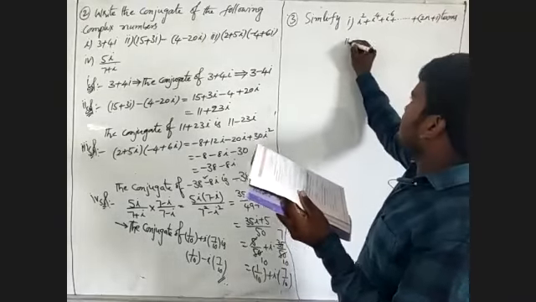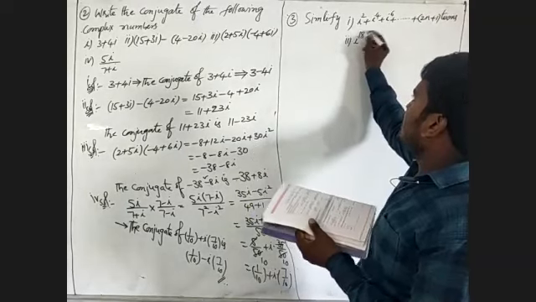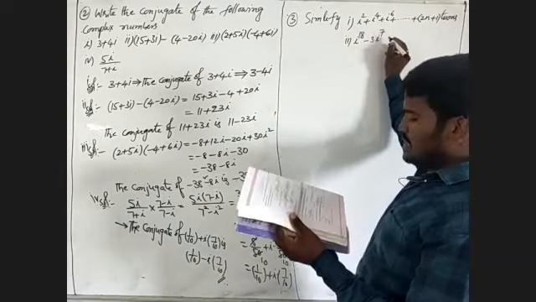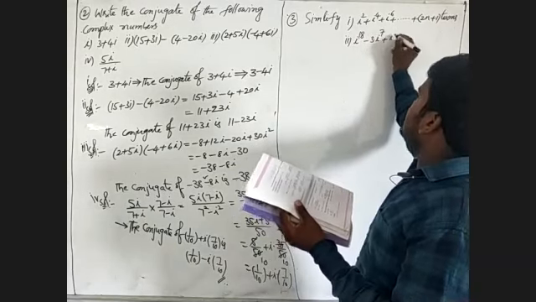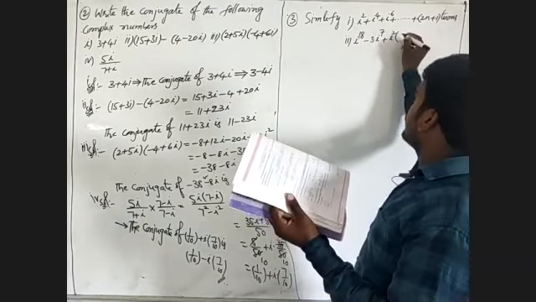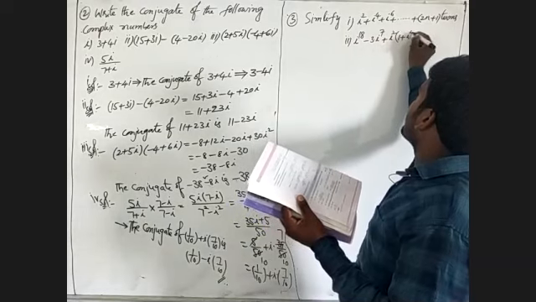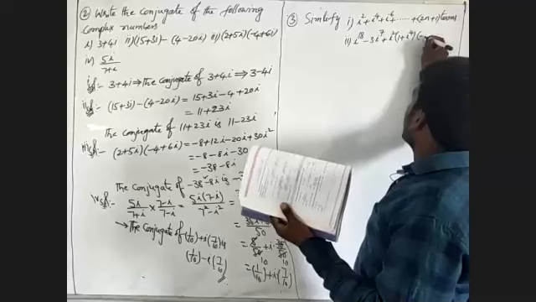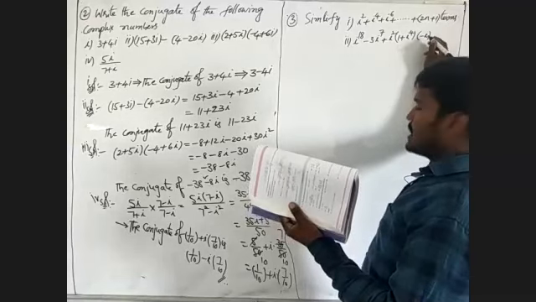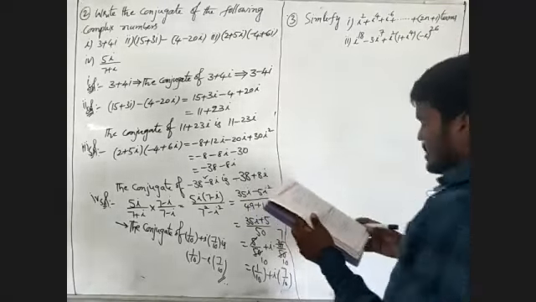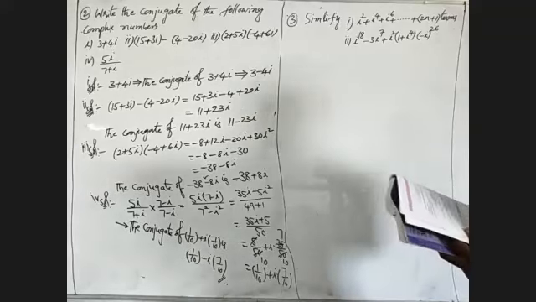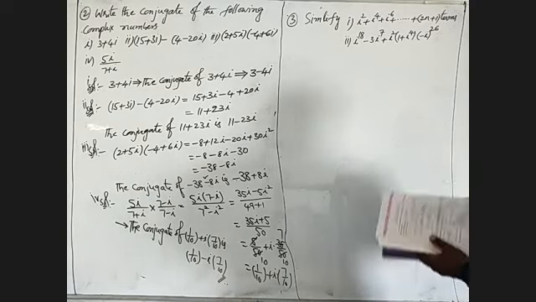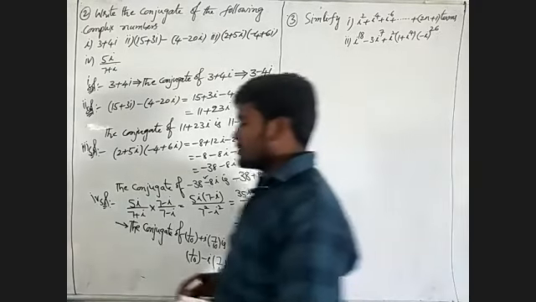The second one is i power 18 minus 3 into i power 7 plus i square into 1 plus i power 4 into minus i whole power 26.